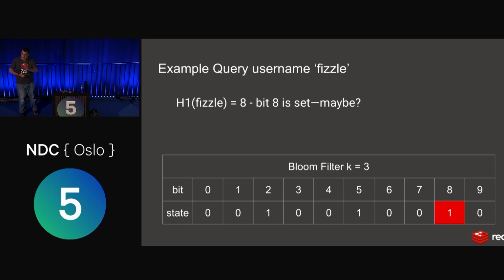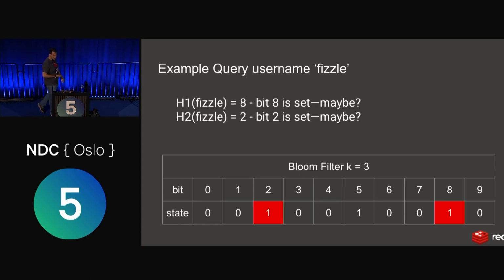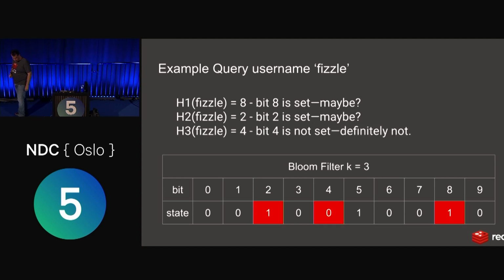So maybe it has been inserted. We take H2 of Fizzle, and that's 2. Oh boy, that one's 1 too, isn't it? So maybe it's actually in there. But H3 comes out to 4, and 4 you can see is 0. And so that 0 comes out, we see that it's not in there, and we can say definitively that it hasn't been added.